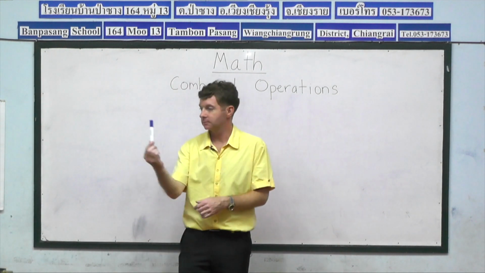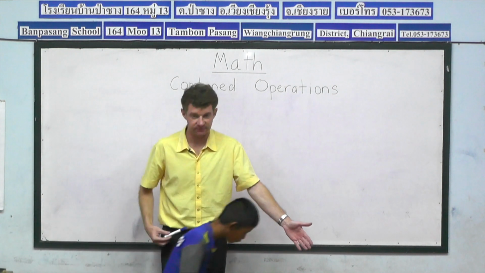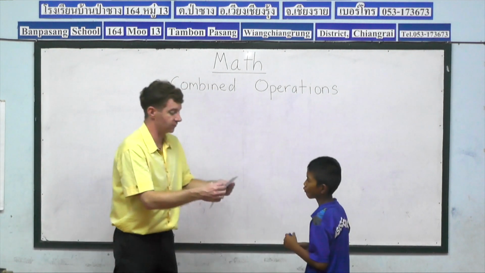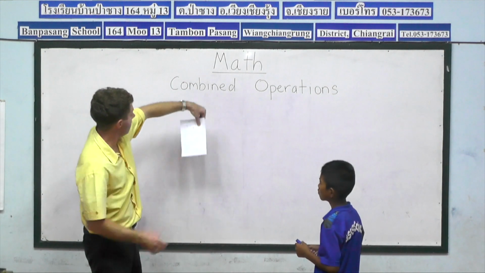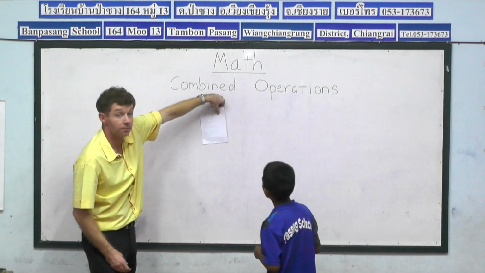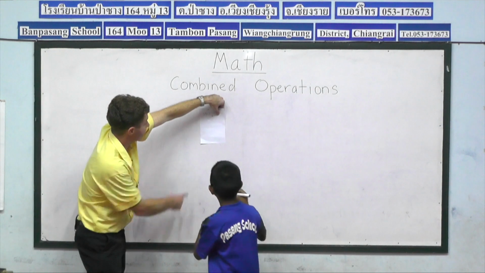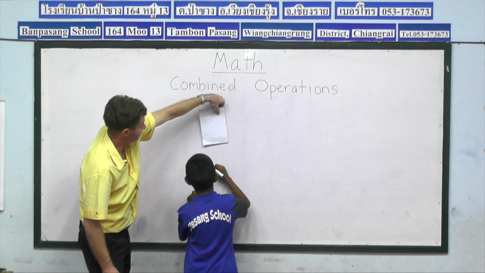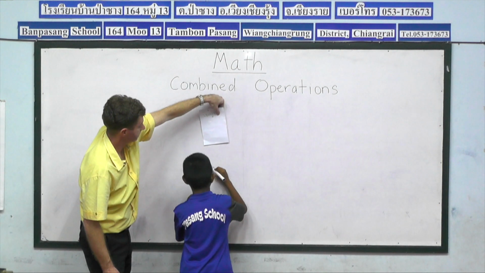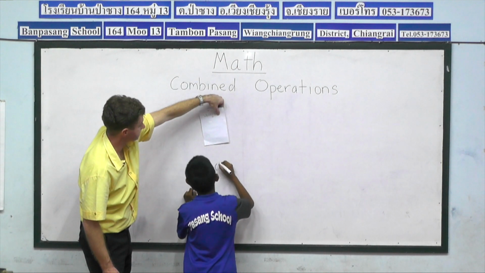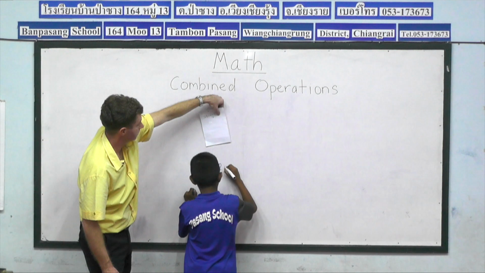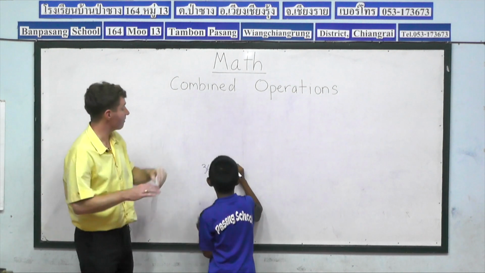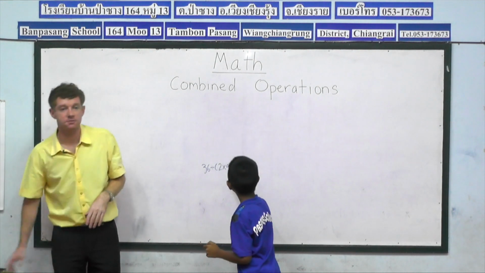Okay. So you can stand here for me, please. And here's the marker. So first thing to do is we will write our combined operation on the board. So 36 divided by, open brackets, 2 times 9, close brackets, equals.